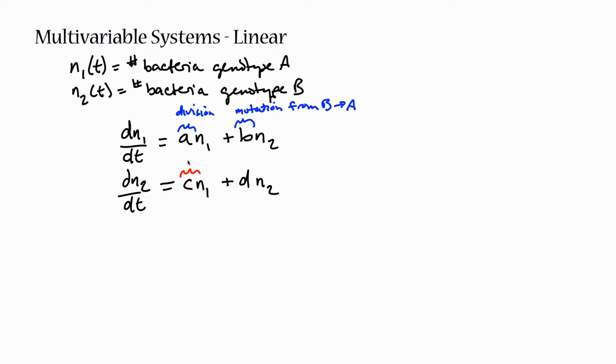And this time c is mutation from A to B, and d is the division rate of N2 individuals. So that's a fairly simple linear model of evolution in bacteria with mutation, forward and backward.